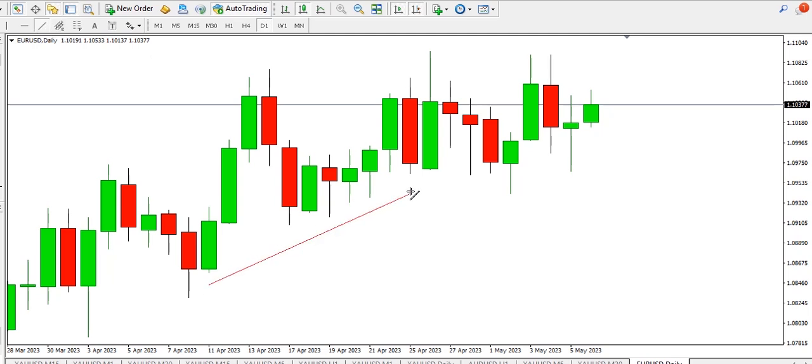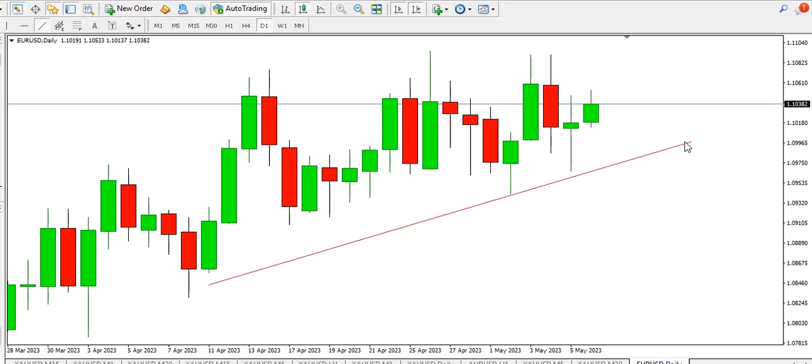So apart from you seeing a bullish structure or a bearish structure, you can also see a range. This is our range bottom, this is our range top, and we expect price to continue to range until we have a breakout.